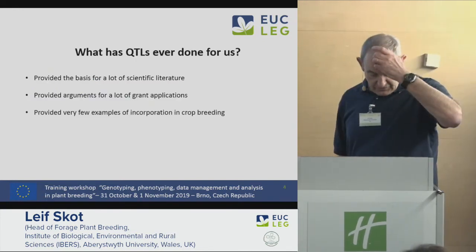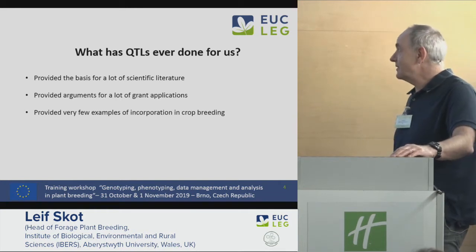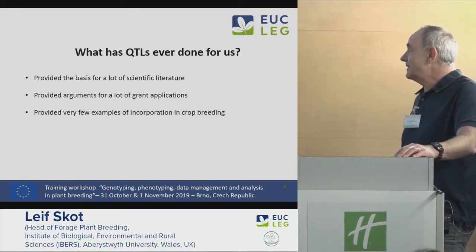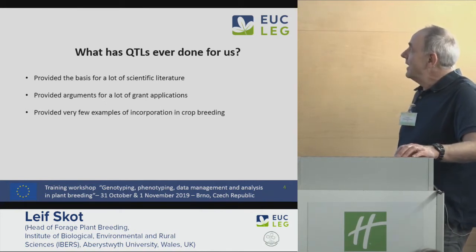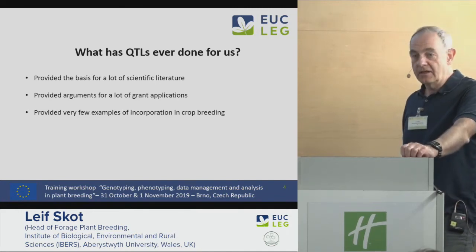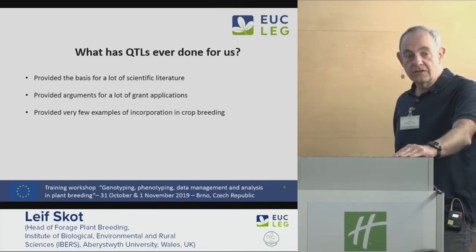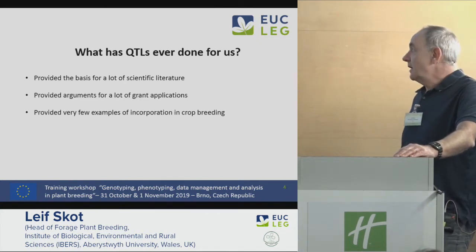Now, what have QTLs, quantitative trait loci, ever done for us, to rephrase a famous quote? They have provided a basis for a lot of scientific literature, and they have also provided arguments for a lot of grant applications.